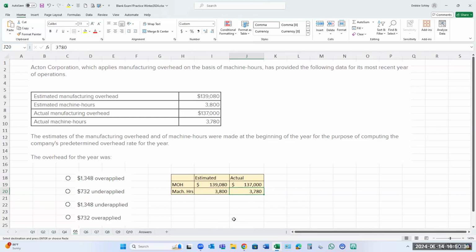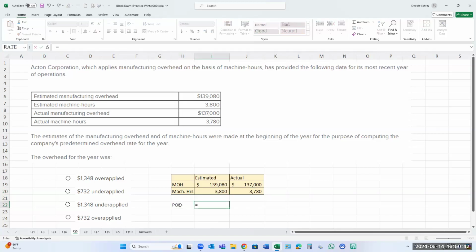If you'll recall, predetermined overhead rate is figured out by taking the estimated numbers. So the estimated manufacturing overhead divided by the estimated hours gives me a predetermined overhead rate of $36.60.